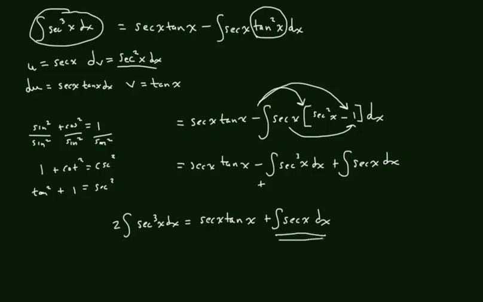Book of memories. All right, so we have the integral of secant cubed x dx equals 1/2 secant of x tangent of x plus 1/2, do you know it? Natural log absolute value secant of x plus tangent of x plus c. Tell me, was that sweet or what?